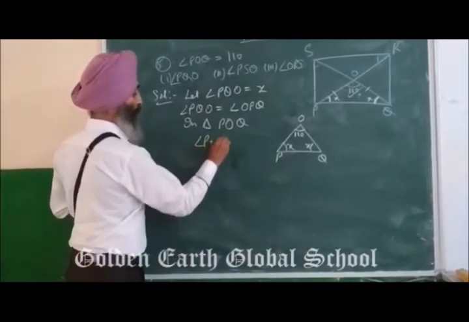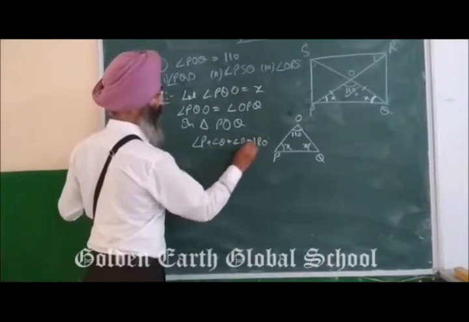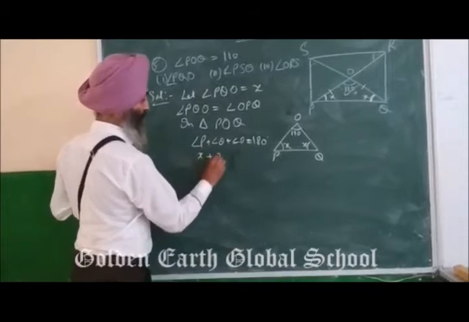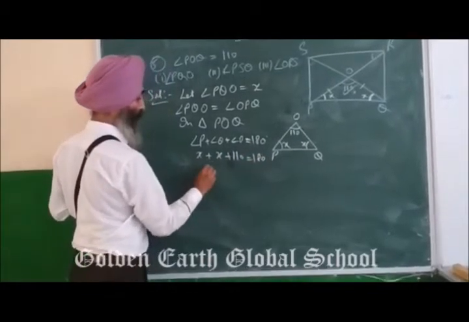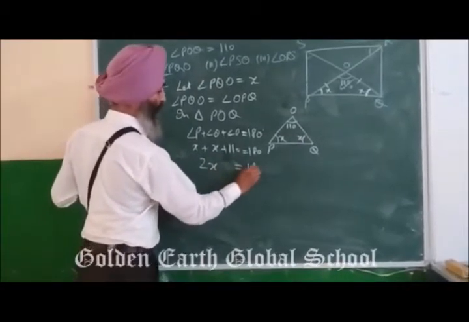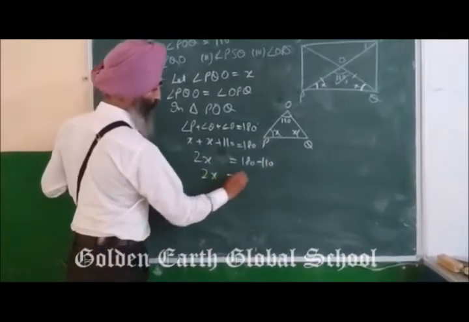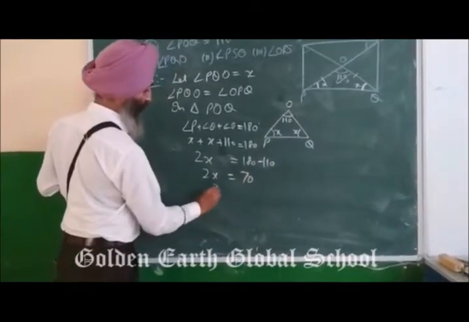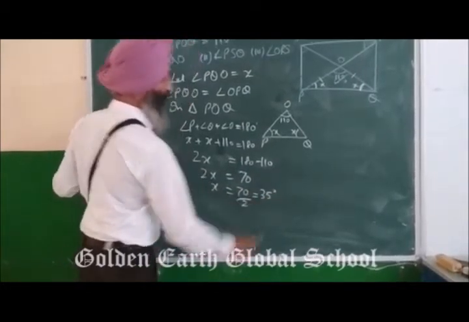Angle P plus angle Q plus angle O is equal to 180. This is x plus x plus 110. So to find the value of x, we have to subtract 110 from 180. So 2x is equal to 70 degrees, and x would be equal to 70 upon 2, that is 35 degrees.